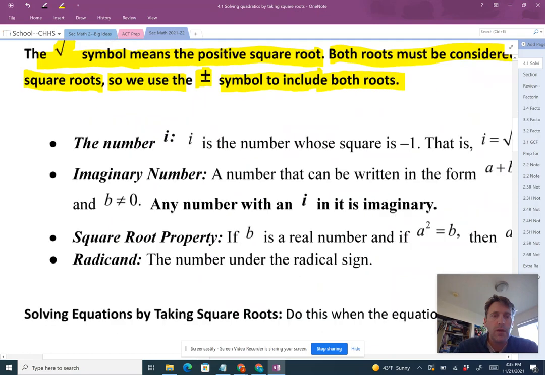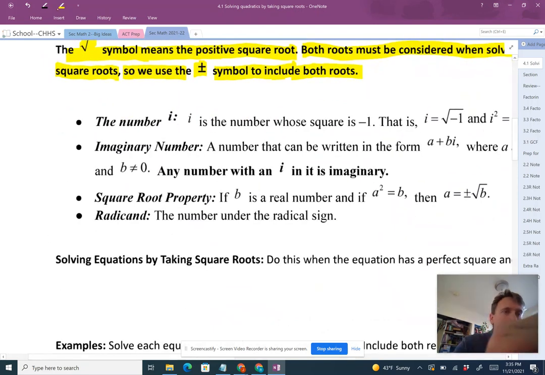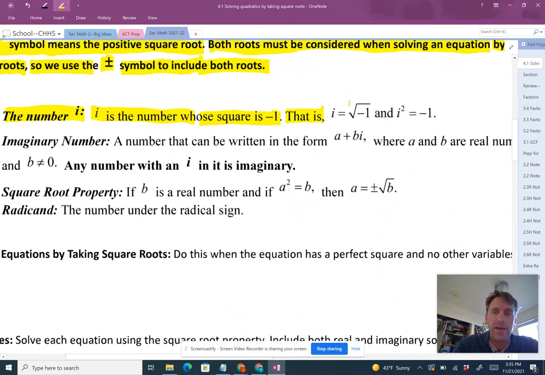All right, you recall from our earlier studies, the number i is the number whose square is negative 1. That is, the imaginary unit i is equal to the square root of negative 1, and i squared is equal to negative 1.